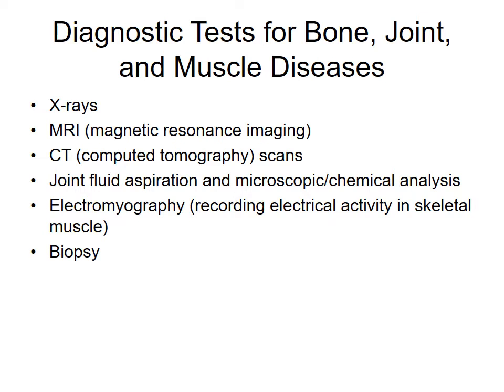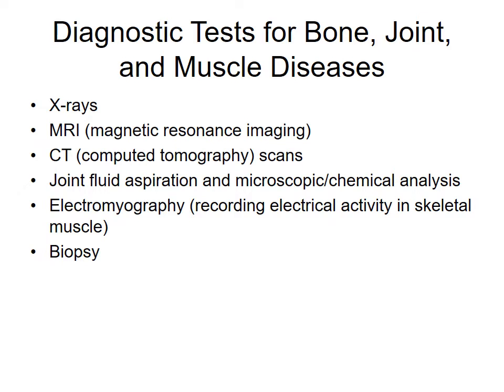There are some basic diagnostic tests that can be used to assess bone, joint, and muscle diseases. The obvious ones are some imaging ones. X-rays show bone. Other imaging techniques such as MRI and CT scans can also show structural components of the bones, muscles, and joints.